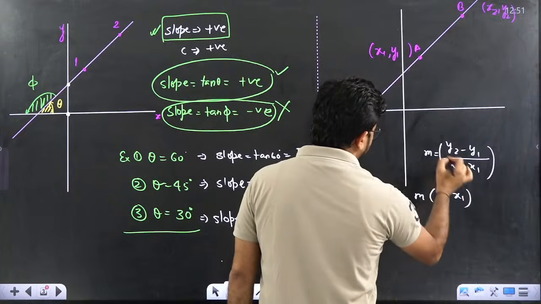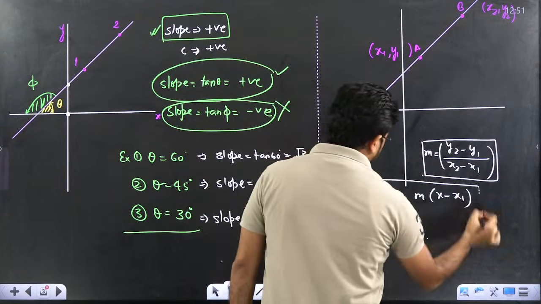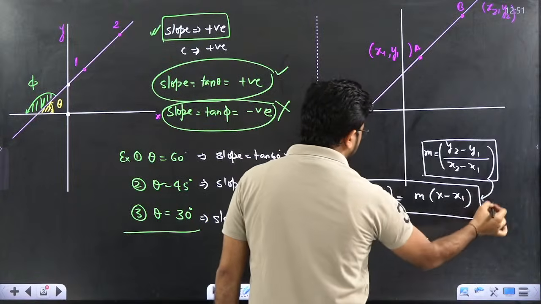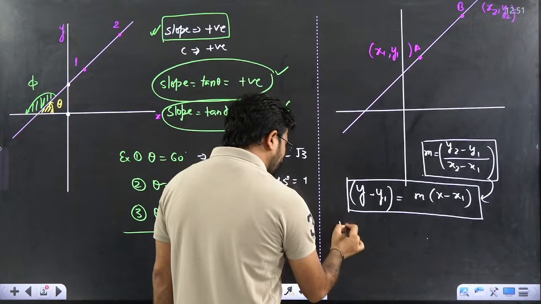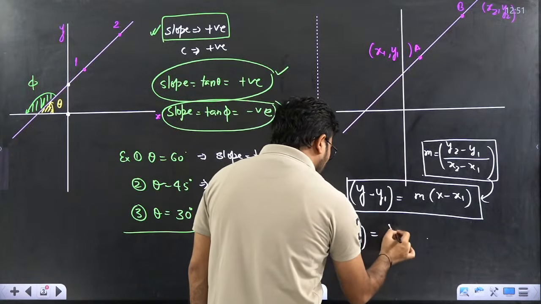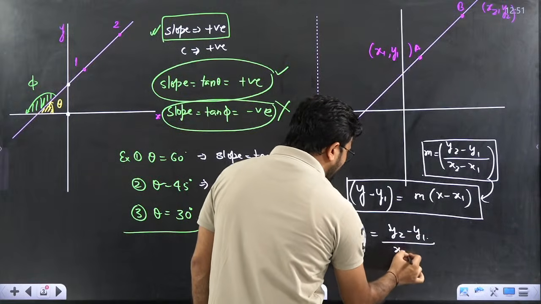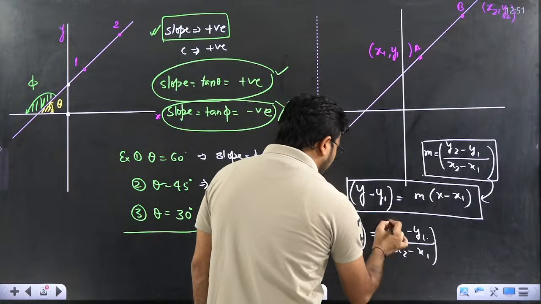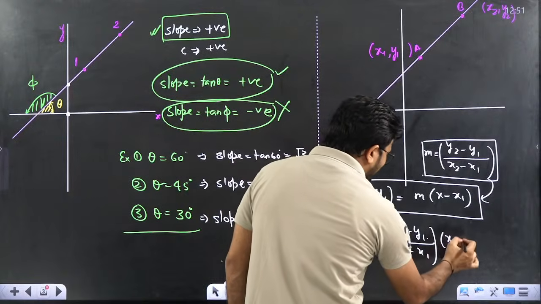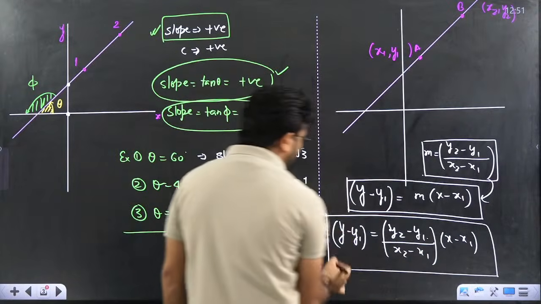This is a very simple thing that we are going to write down. This is the slope. So when you put this slope inside this, you will get the equation, or you can write it like this also: y minus y1 is equal to y2 minus y1 divided by x2 minus x1, into x minus x1. This is also a way to write the same equation, that you have to understand.